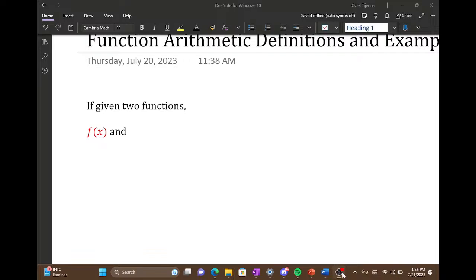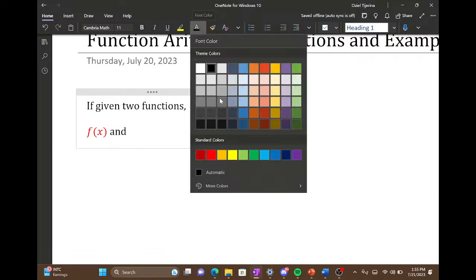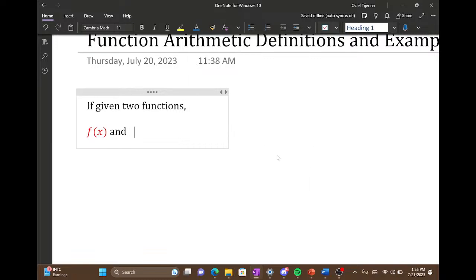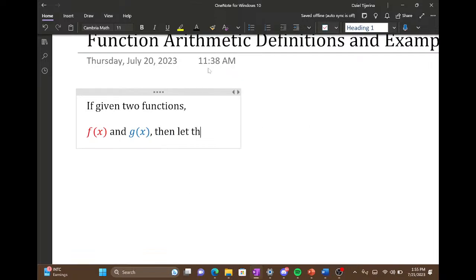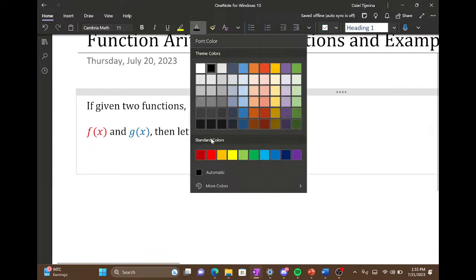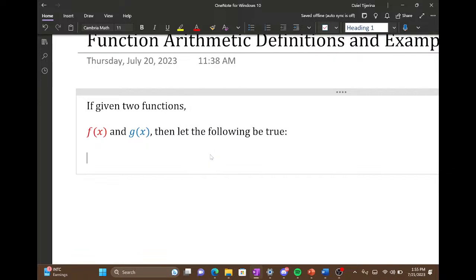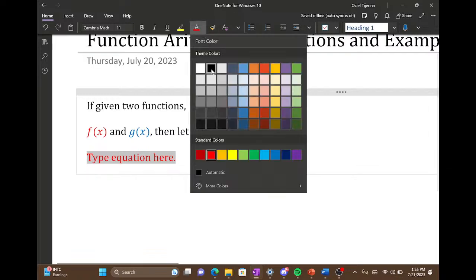basically what we're going to do is write down the rule. Let me do it in block first.